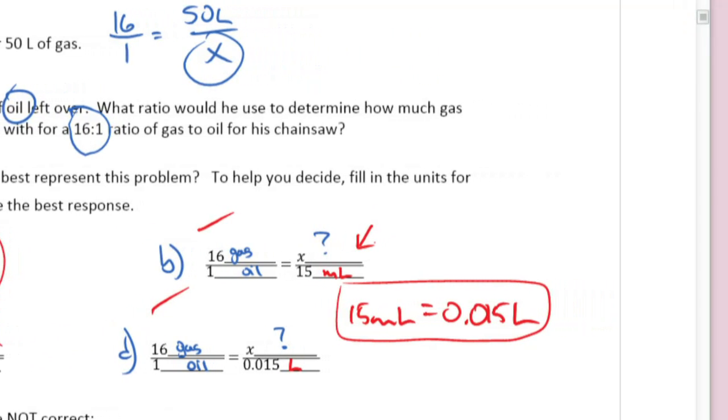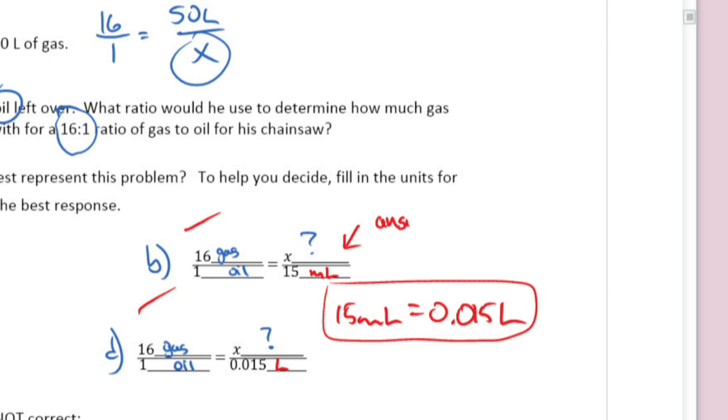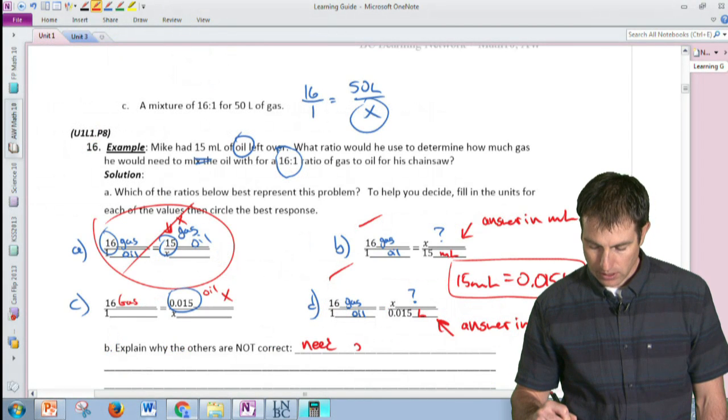This one will get you an answer in milliliters. This one will give you an answer in liters. So it doesn't really matter. Obviously, we can convert back and forth from those. So there you go. Letter B says, explain why the others are not correct. We said we need gas to be on top.